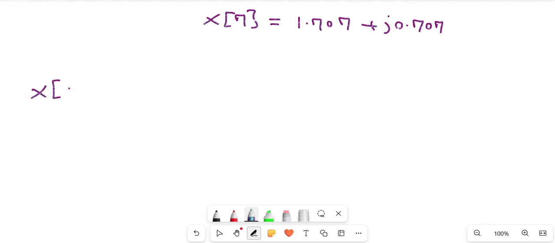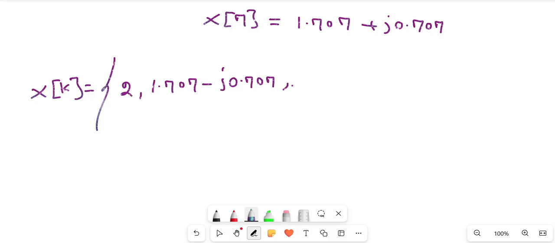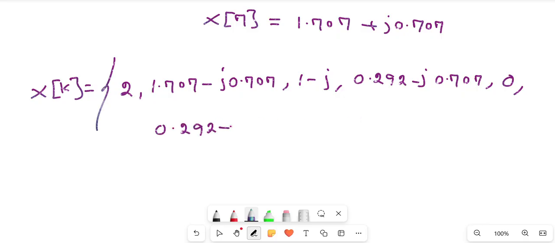Now you can write the sequence X of k. X of 0 is 2, then 1.707 minus j 0.707, then 1 minus j, then 0.292 minus j 0.707, then 0, and then by using the symmetry property, 0.292 plus j 0.707, 1 plus j, and 1.707 plus j 0.707.